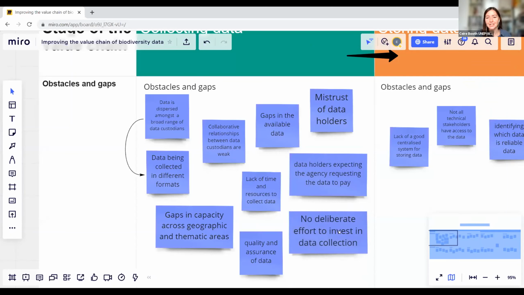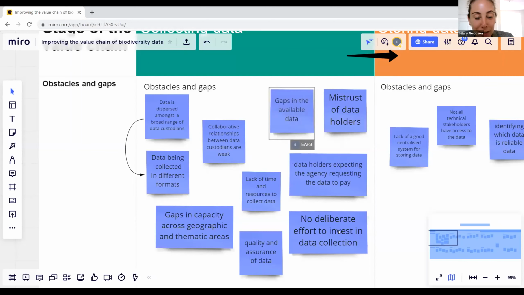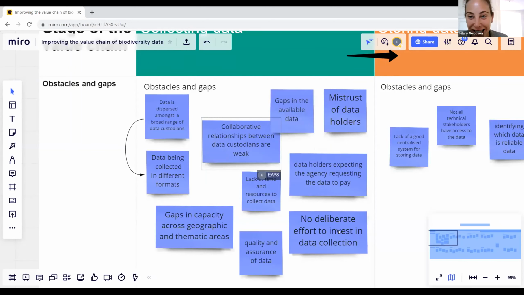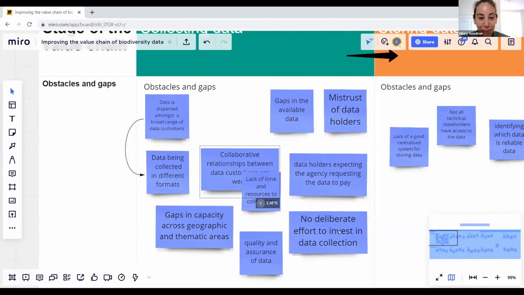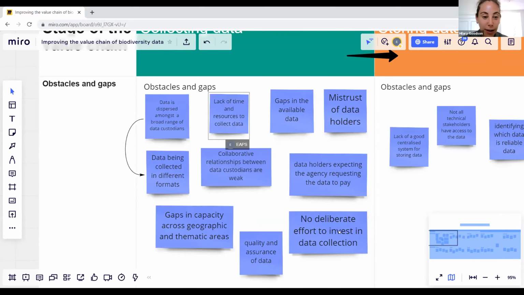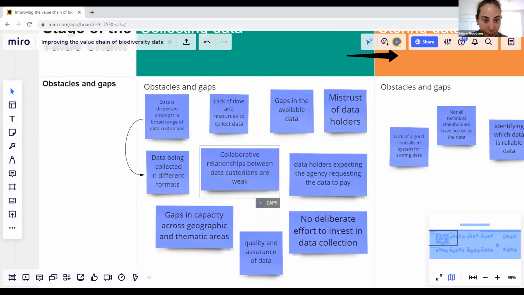Hilary, would you like to reflect, are there any stickers on the obstacles and gaps section of collecting data that really resonate with you, and any solutions you've found to overcoming some of them? Thanks. I've actually contributed in the chat to some of those stickers, and again, I think they're touching on that, as well as the gaps in capacity.